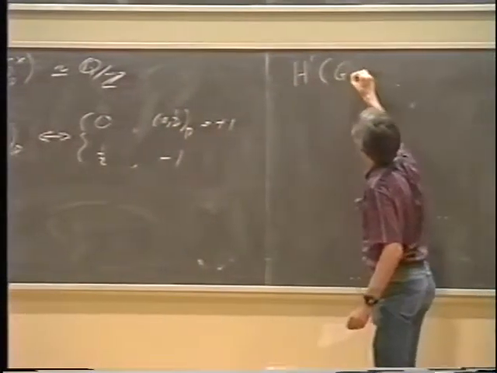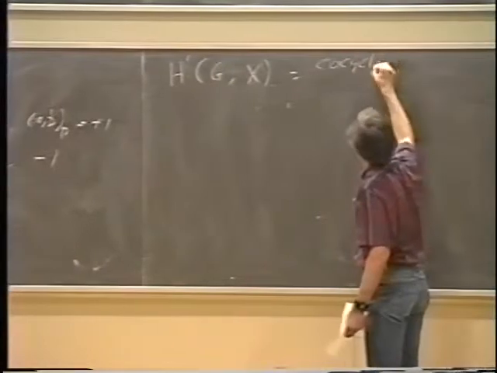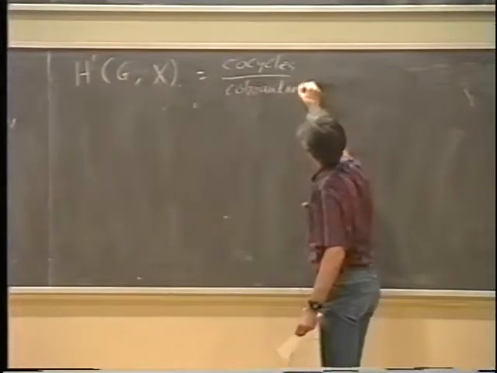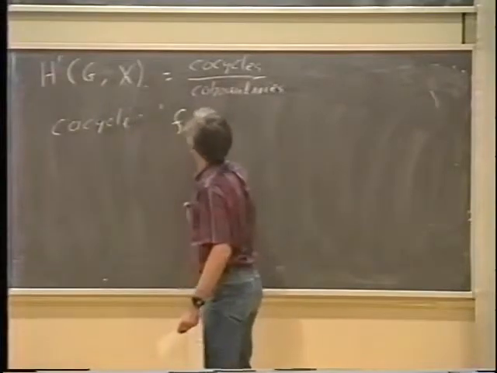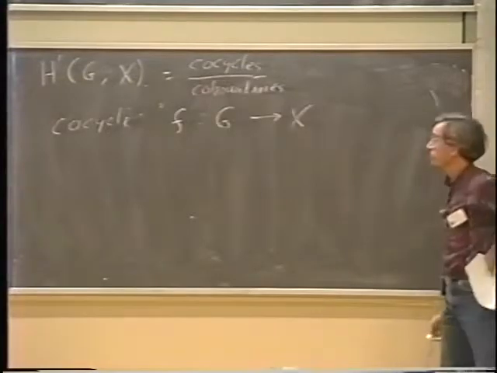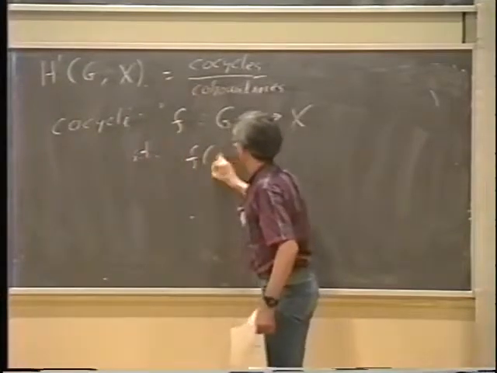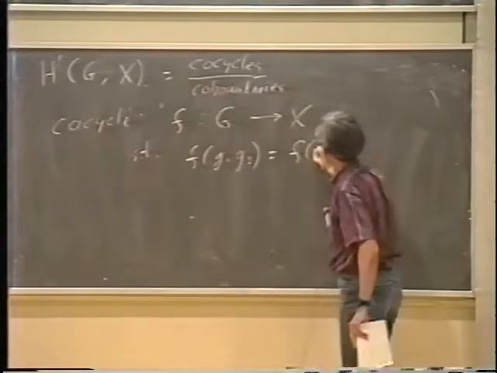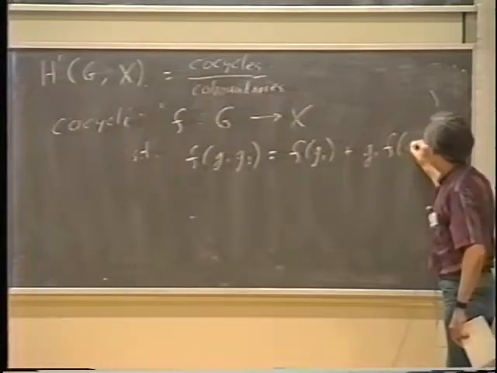So H1 of group G, coefficients in X, again, is cocycles mod coboundaries. And a cocycle is just an F mapping G to X, just any old map of sets, continuous if you have topologies around, such that, well, it's almost a homomorphism: F of G1 G2 is F of G1, so I'm writing X additively, plus G1 F of G2.